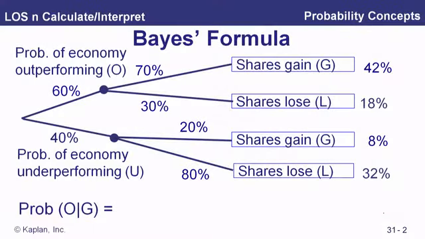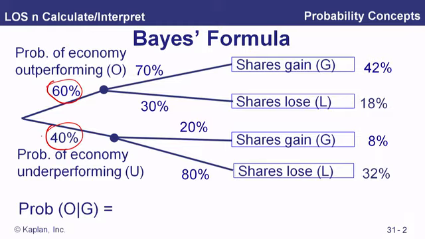And Bayes' formula, everybody's favorite. What's the idea of Bayes? Well, the idea of Bayes' formula is that if we had some more information, we could update our expectation of probabilities. So we've drawn a tree here. We've got probability of the economy outperforming, probability of O, and we've got the probability of underperforming. So the probability of outperformance is 60. The probability of underperformance is 40. And then we've got our conditionals.